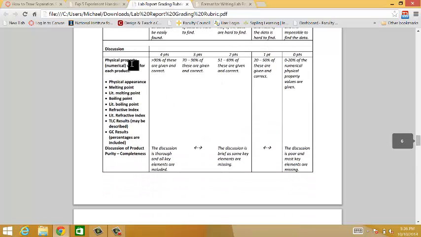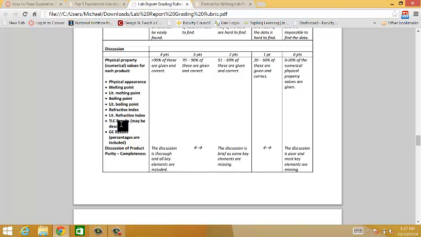First thing, you include physical property numerical values for each product. So physical appearance, give me the melting point. Also give me the literature melting point. If you get a boiling point, tell me what the literature boiling point is. Refractive index compared to the literature refractive index. The TLC results, you can describe those.